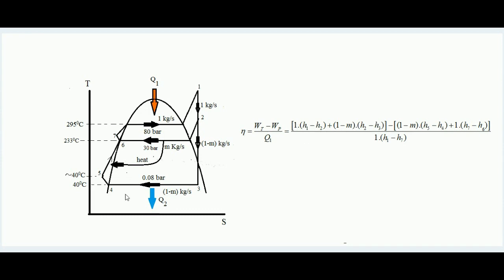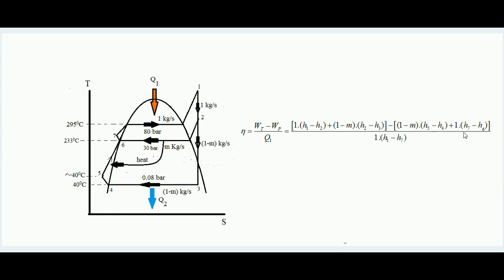Now what is the total pump work? The pump acting between 5 and 4 is handling (1 minus m) kg per second of liquid water, so (1 minus m) into (H5 minus H4). Similarly, between points 7 and 6, one more pump is acting. At point 6 the total amount of liquid water is 1 kg per second, because m plus (1 minus m) is 1 kg per second.